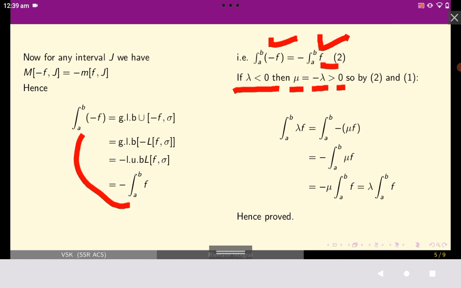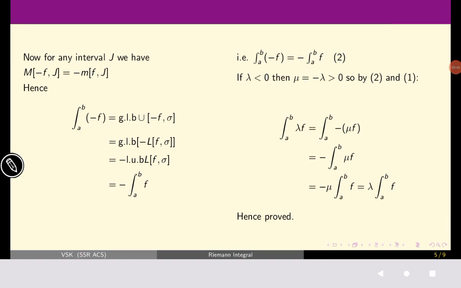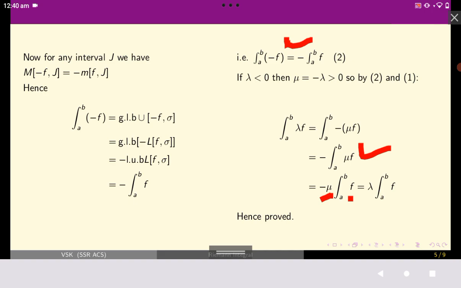So by 2 and 1, the integral from a to b of lambda f will simply be the integral from a to b of minus mu f, because lambda is equal to minus mu from this relation, and this is equal to minus, we can take it out because we have proved this, so minus is taken out. This is the integral from a to b of mu f, and then as mu is positive, mu also we have taken out, so the integral from a to b of f, and minus mu is equal to lambda.